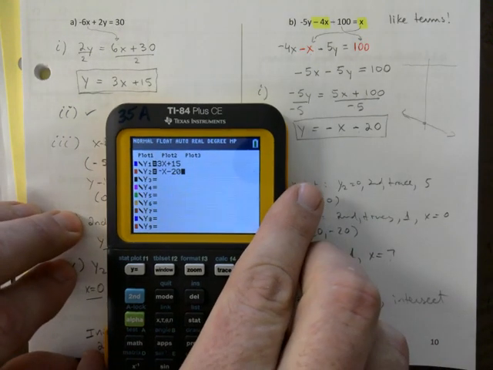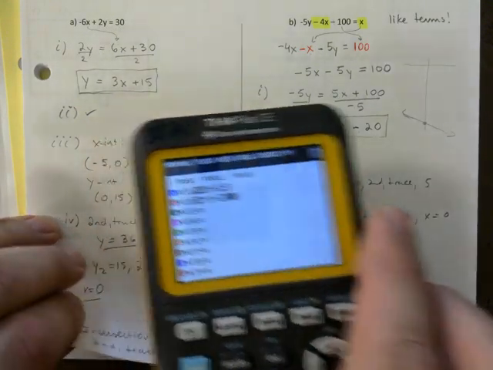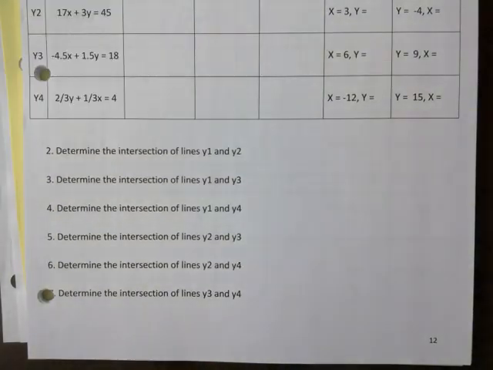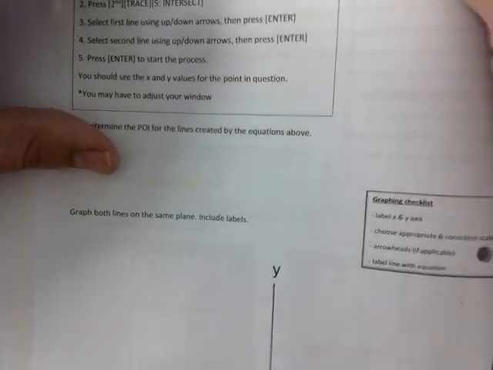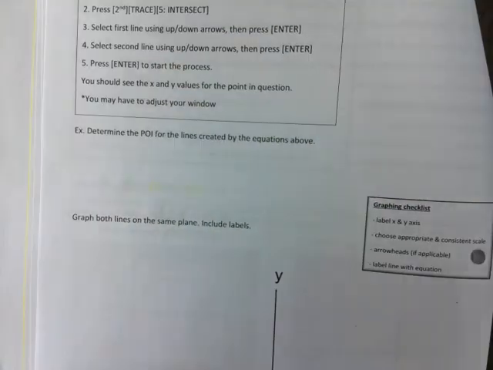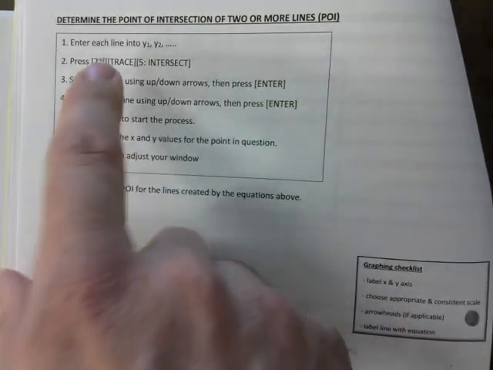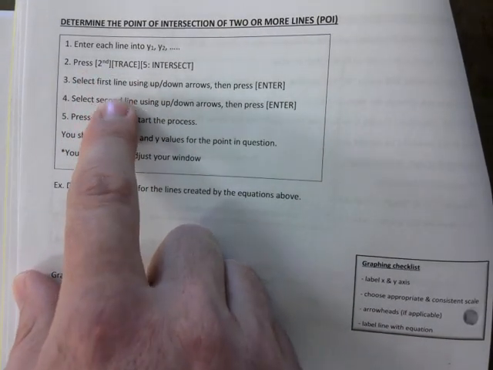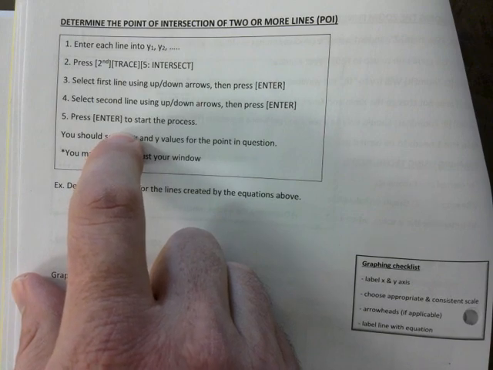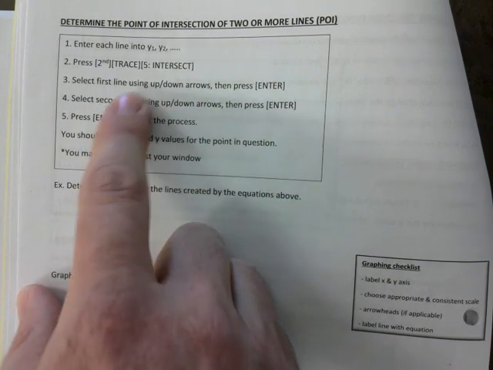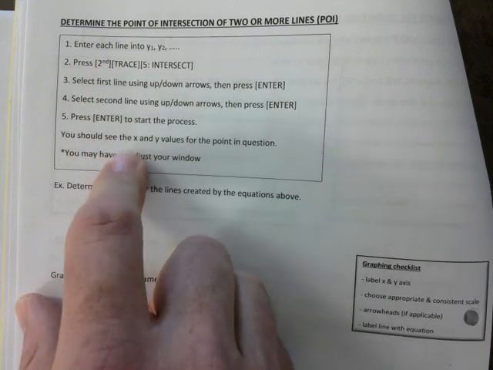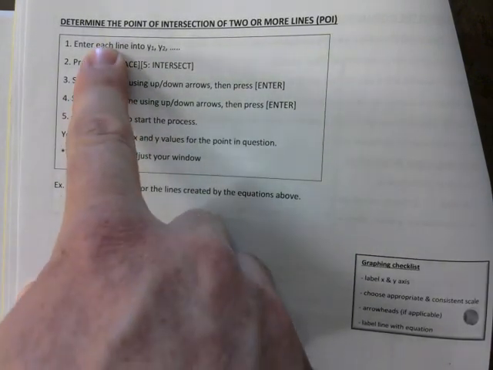Once you type these in, let's flip over to page 11. This is a bit overkill, the information. You don't need these instructions anymore to find intersection between two lines because we've done a lot of that in the quadratics unit. But anyways, here, this would be again how you do it.